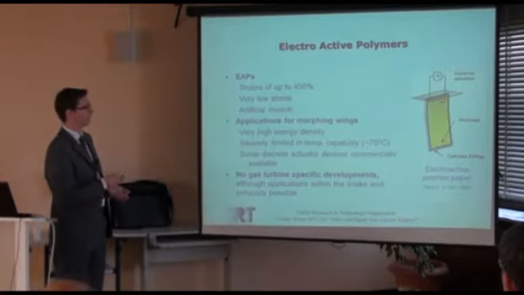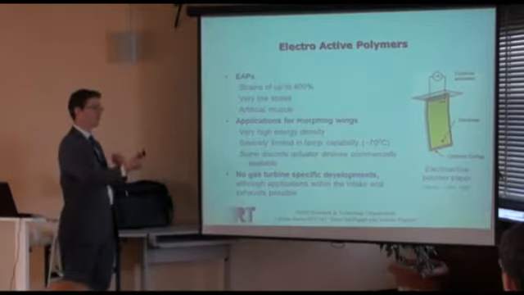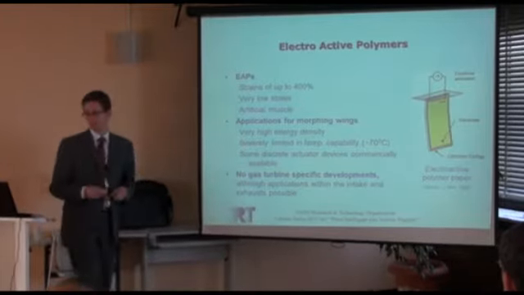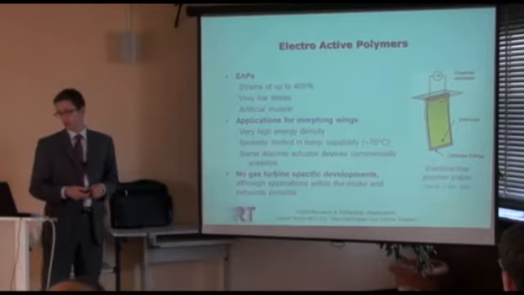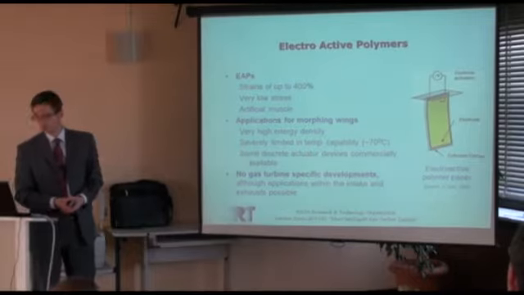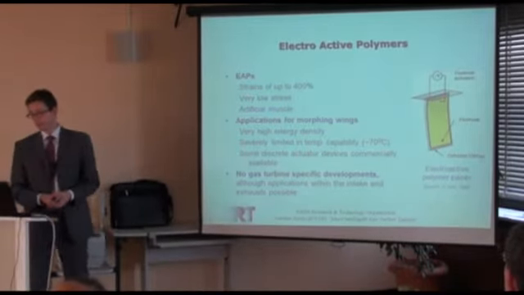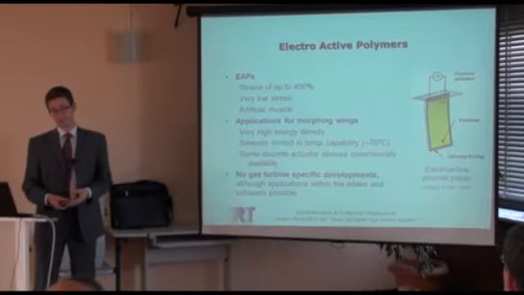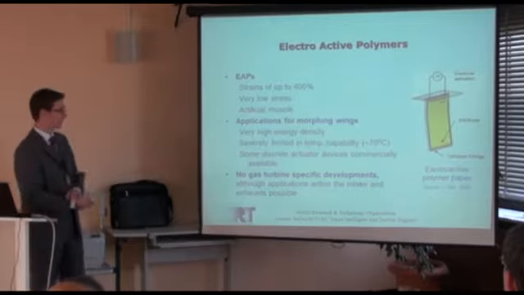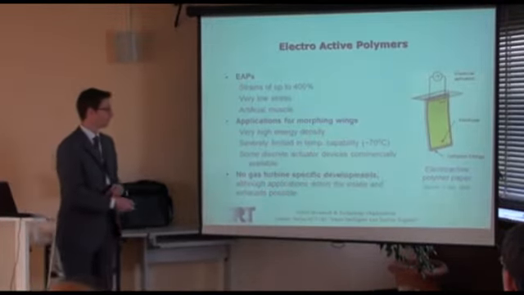So that's like an artificial muscle. It produces very high deformation by only applying a small voltage. A possible application would be for morphing wings or morphing airfoils. Very high energy density, but of course temperature capability is limited. And as I said, no gas turbine specific developments have been found here.